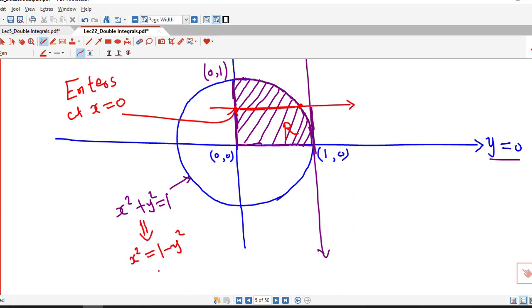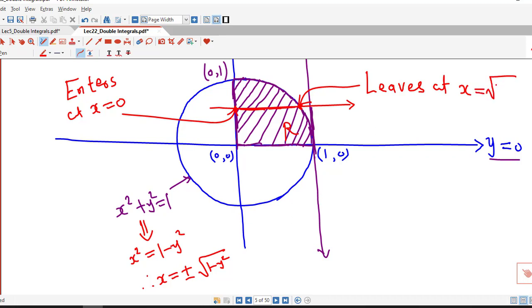From this we write x square equal to 1 minus y square, so x is plus or minus square root of 1 minus y square. But here at this point x is positive, so we consider the positive square root of 1 minus y square. So the line leaves at x equal to square root of 1 minus y square.